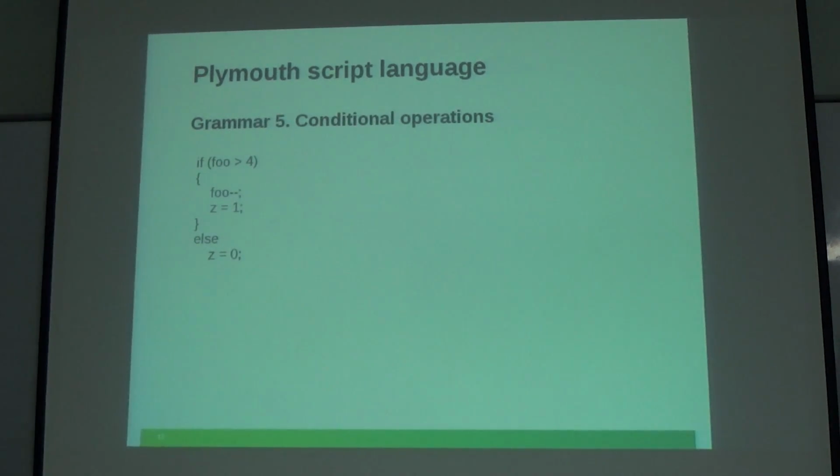This is the conditional operations, and this is the loops. We should be aware that Plymouth supports hashes. This is very useful when we make animations, because during animation the image changes very frequently.